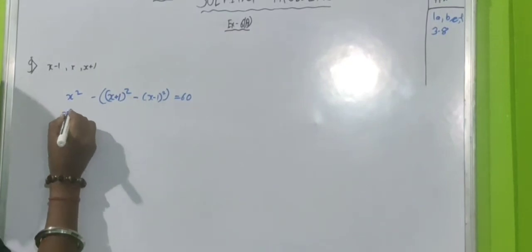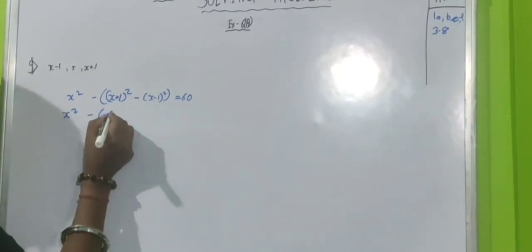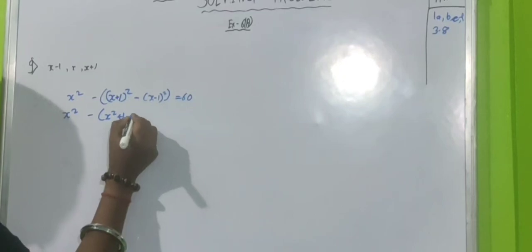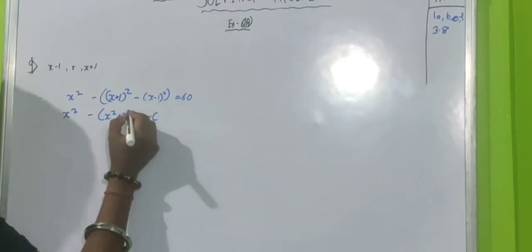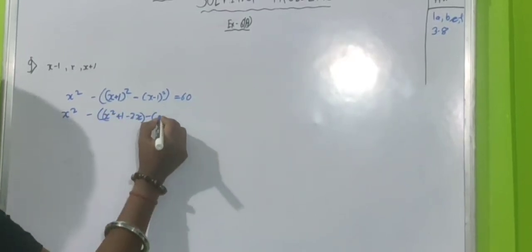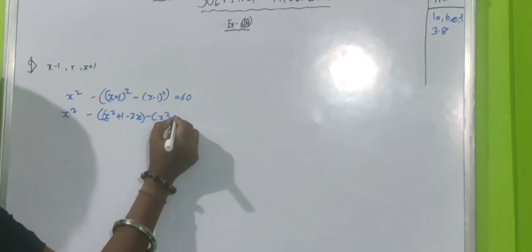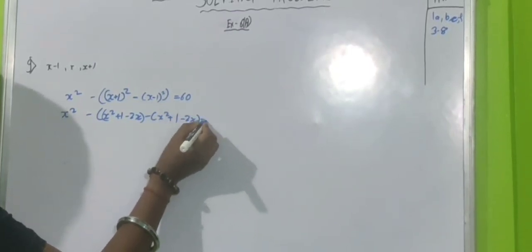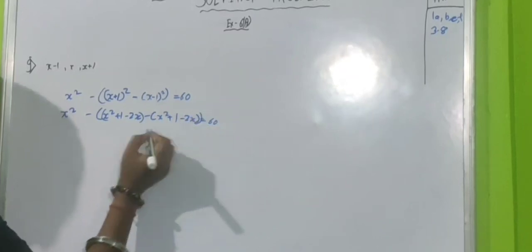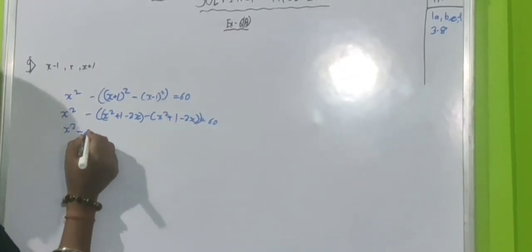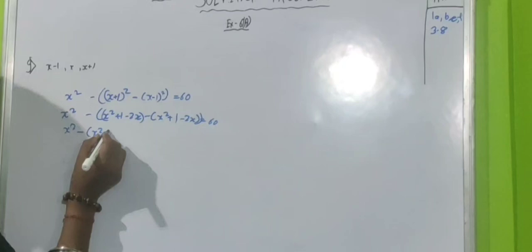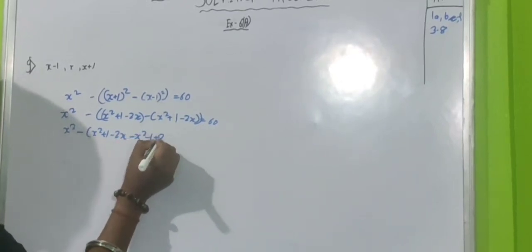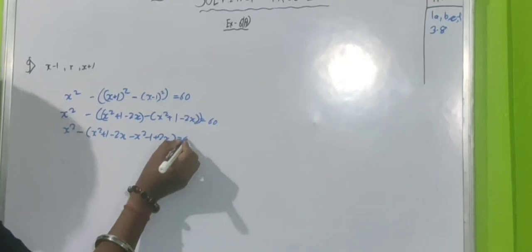Now solving it further, x square minus (x square plus 1 minus 2x) minus (x square plus 1 plus 2x) equals 60.